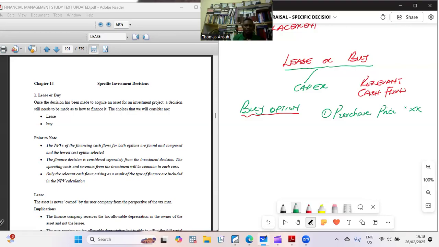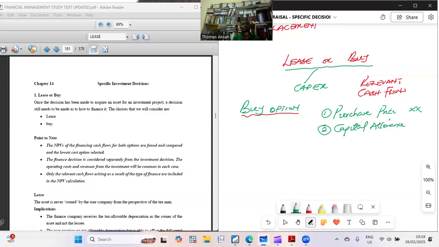Number two is that if I buy the asset, I own the asset. Another relevant cash flow that can come in is that I will get capital allowance.